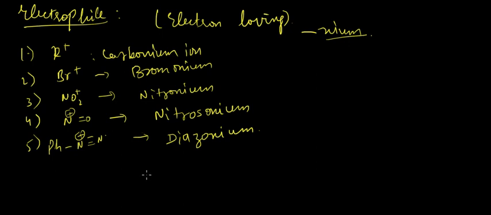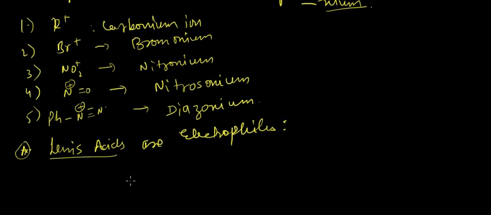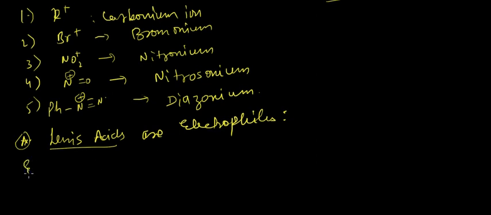Okay, so Lewis acids are actually electrophiles. Let me take some examples of Lewis acids and why they are electrophiles. If you take AlCl3, Al has an empty d orbital, so it can accept a pair of electrons in its d orbital, hence it's an electrophile.